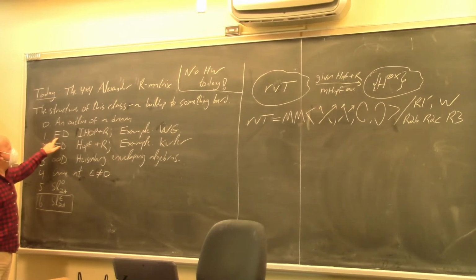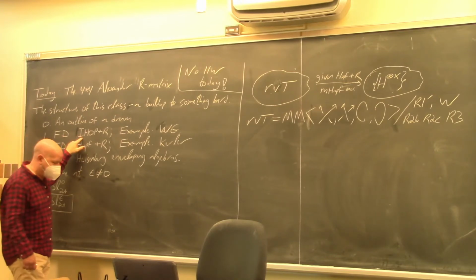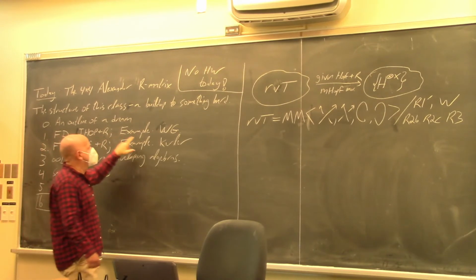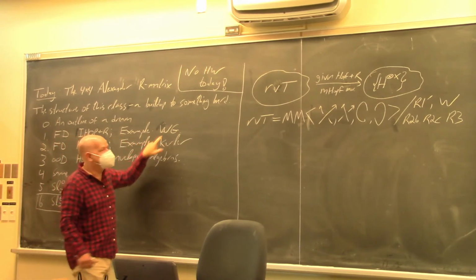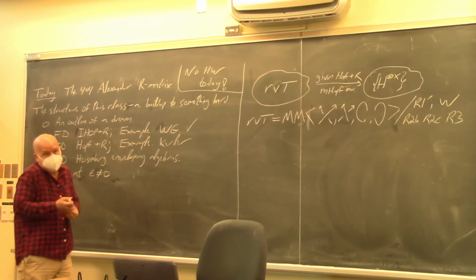First, one idea was to use finite dimensional involutive Hopf algebras plus an R element. Then we had an example, and the example was lovely, but with difficulties, as expected.